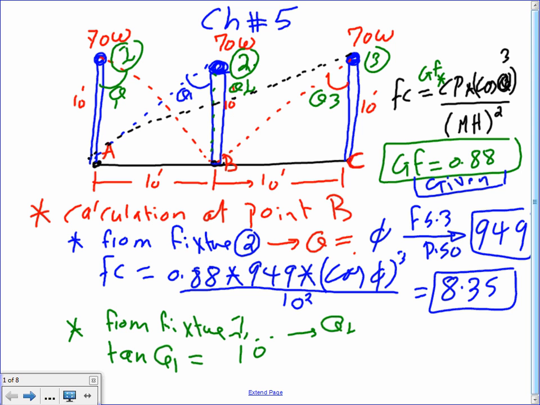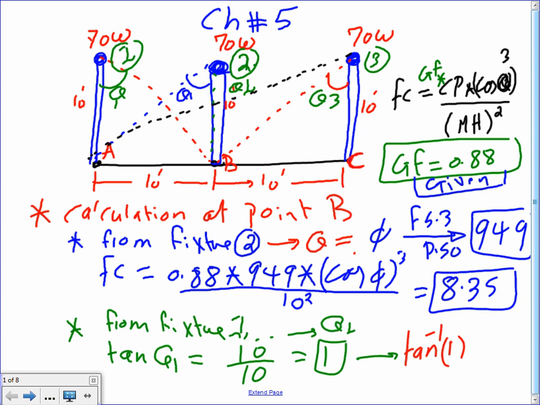Okay, what's tan Q? Tan Q equals 10 over 10. Everybody understand that? What's 10 over 10, gentlemen? 10 over 10 equals 1. So tan Q is 1. Then you need to find tan inverse of 1. Everybody knows what tan inverse of 1 is?